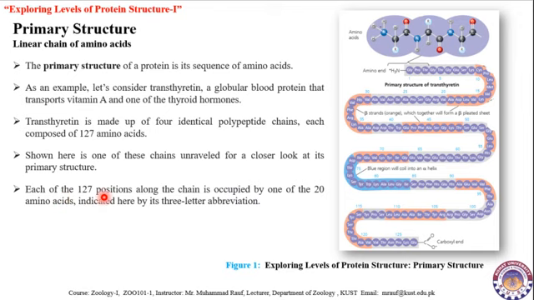Each of the 127 positions along the chain is occupied by one of the 20 amino acids, indicated here by its three-letter abbreviation. So these are different types of amino acids linked together with the help of peptide bonds, and it makes up the primary structure of the protein.